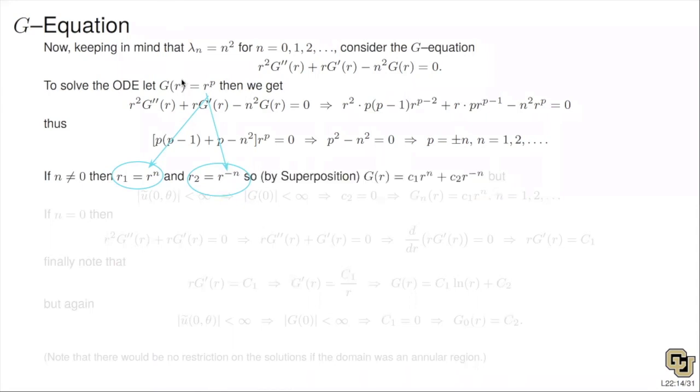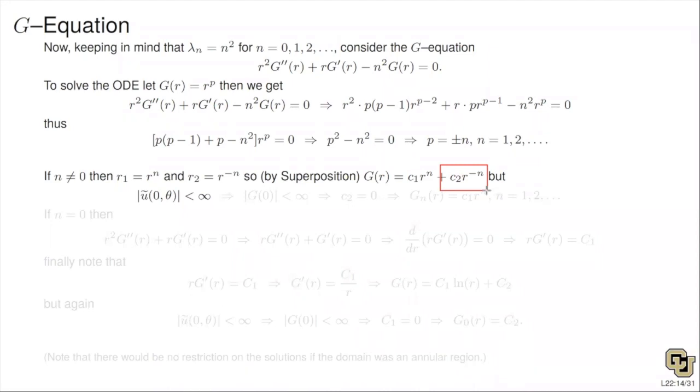And so by superposition, this becomes our general solution for the G equation problem. Now be very careful. We're now going to use one of our conditions. Because here, keep in mind, this term is in the denominator. R to the minus n, that's 1 over R to the n.